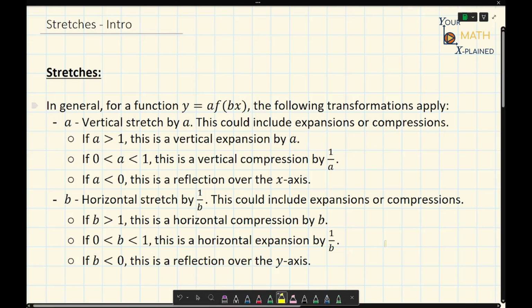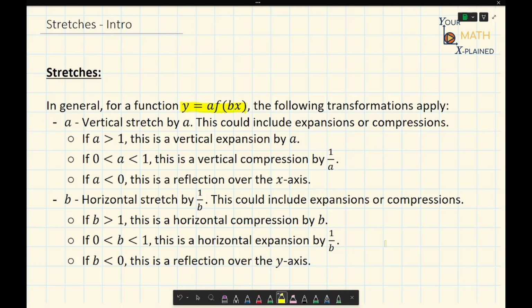So our function y is equal to a times f of b times x. We're going to have the following transformations. So the a that is in front of the f is going to be a vertical stretch by a. And when we say stretch, that includes both expansions and compressions.